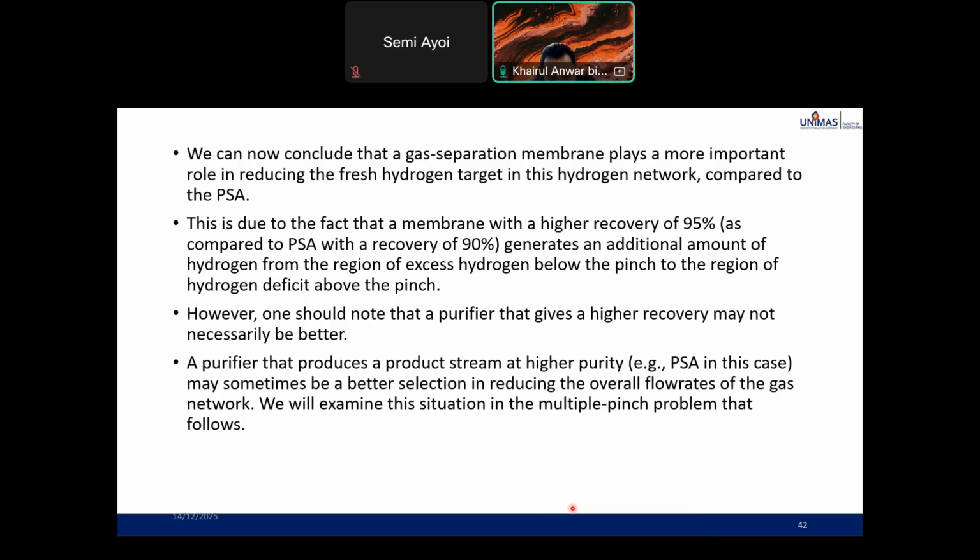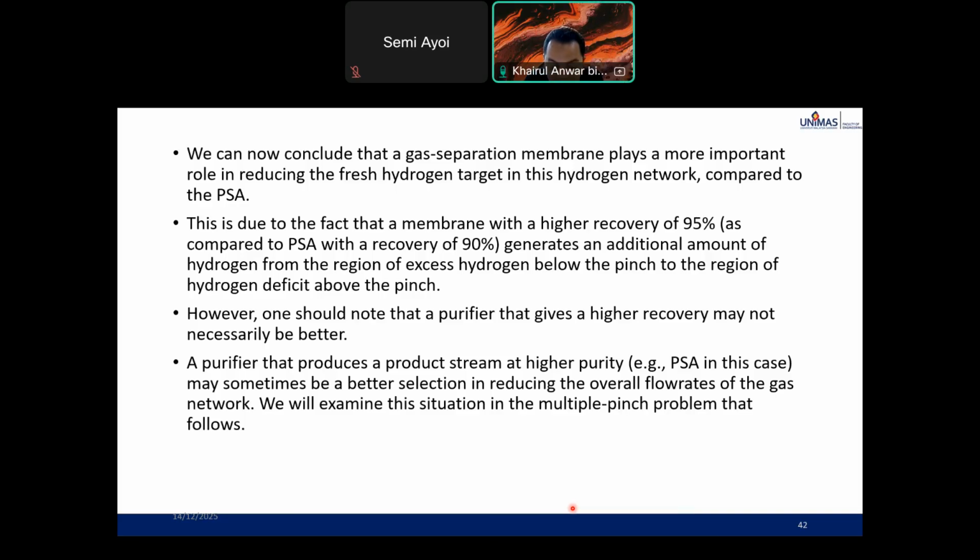It is due to the fact that the membrane has the higher recovery of 95%, which generates an additional amount of hydrogen from the region of excess, below the PSA region of hydrogen deficit.